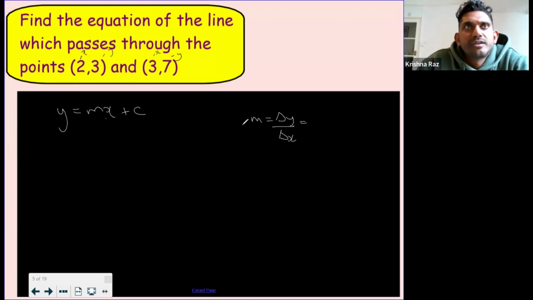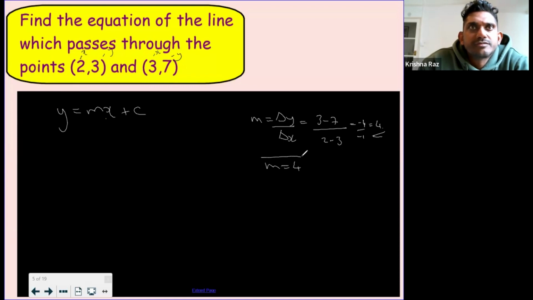We have 3 minus 7 divided by 2 minus 3, which is minus 4 over minus 1, which is 4. So the gradient is 4. Therefore, we have y equals 4x plus c.